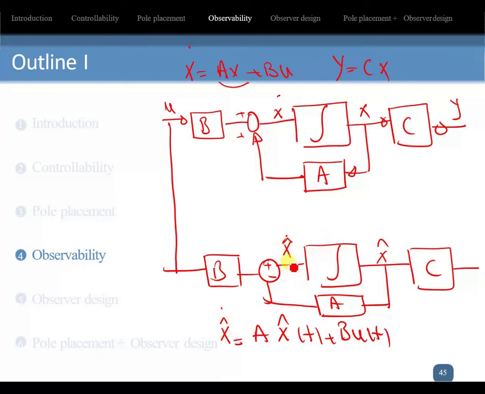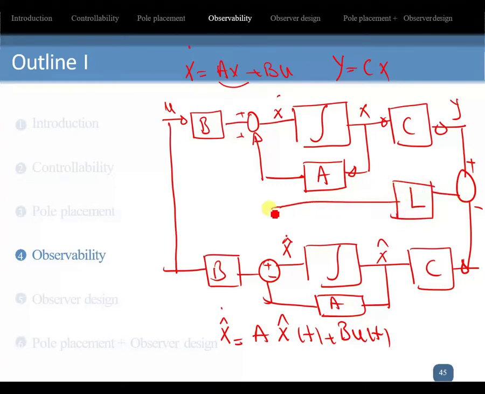I need the correction matrix that comes from these two. These two outputs are subtracted from each other and multiplied by some coefficient, named L, and it comes to here.